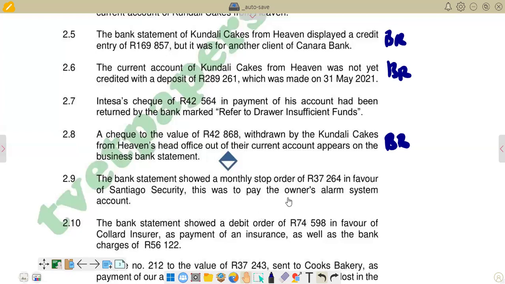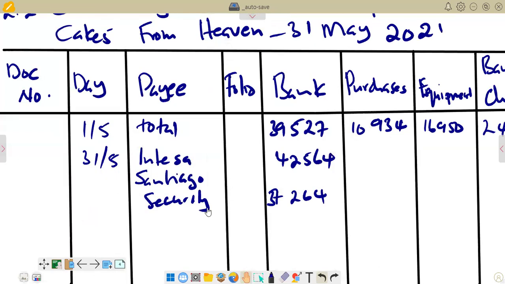And if they qualify under purchases, equipment, and bank charges, you would see that they don't qualify under those three. So we're going to put them under sundry account. So we could come here now. We leave the date part. Remember, I said all transactions are going to apply as 31 May. So we are going to start with the Pollard Insurer.